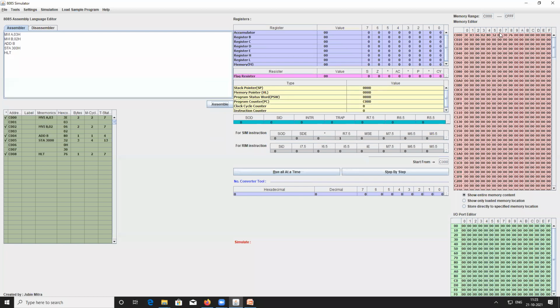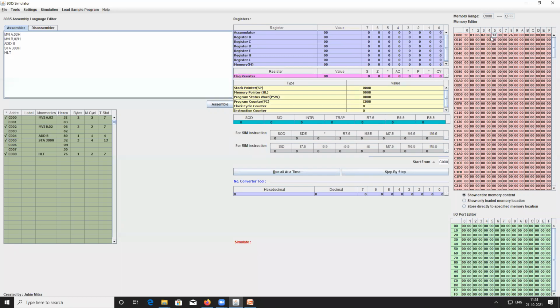See, I want to show what I want to say. In 300H, here is 30. What is C005? C005 is the location where 30H will be stored.